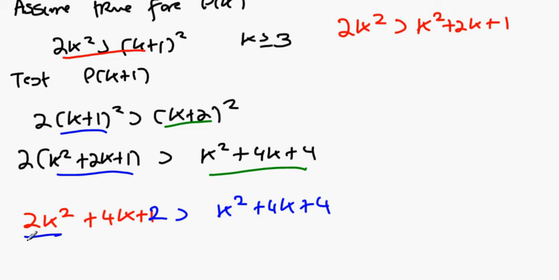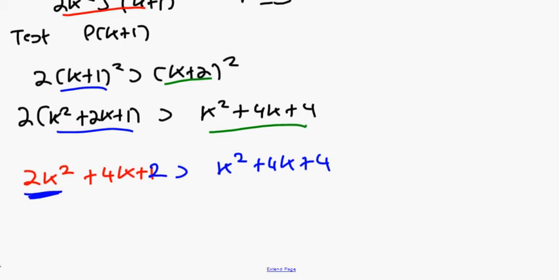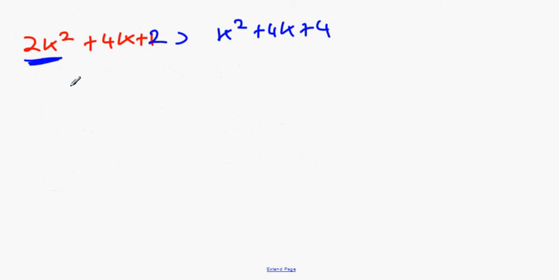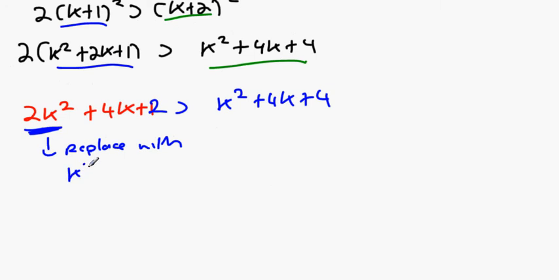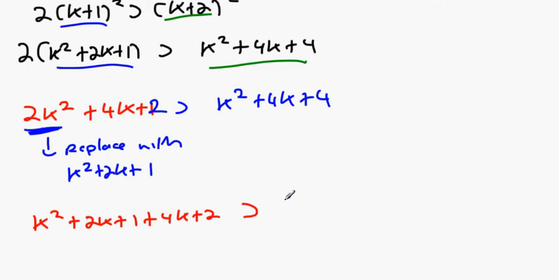So if we replace this number here with a smaller number, we're going to replace 2k squared with k squared plus 2k plus 1, that is, with P of k. So what we get here is k squared plus 2k plus 1 plus 4k plus 2 greater than k squared plus 4k plus 4.